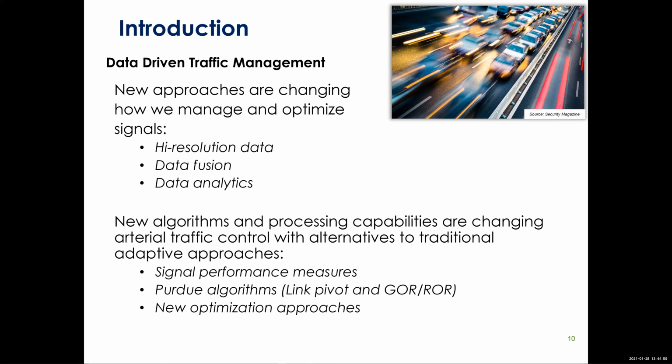We're not only looking at high resolution data right now, but we're also looking at data fusion, which means looking at ways to use TomTom data or Waze data or any other cloud-based, crowdsourced data that's coming in. All that is available to us now. And as we get more and more of this data coming in, it's a vast amount of data that we have to analyze and worry about.